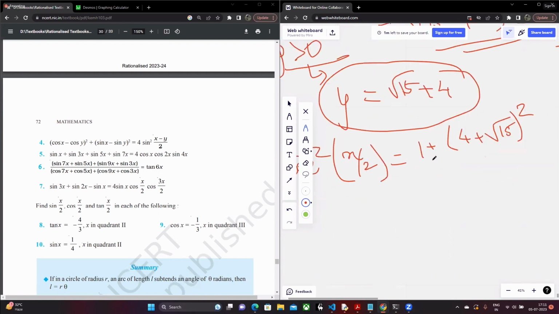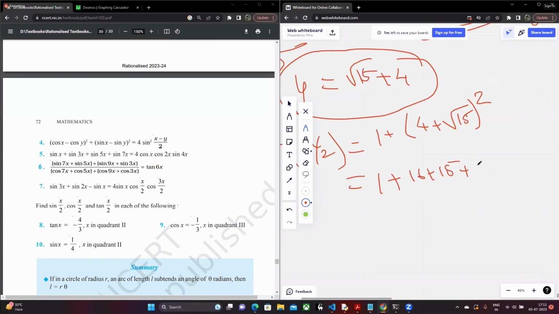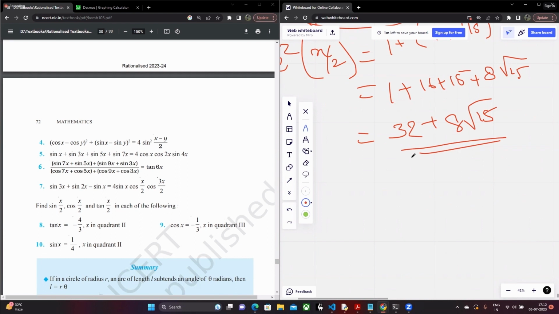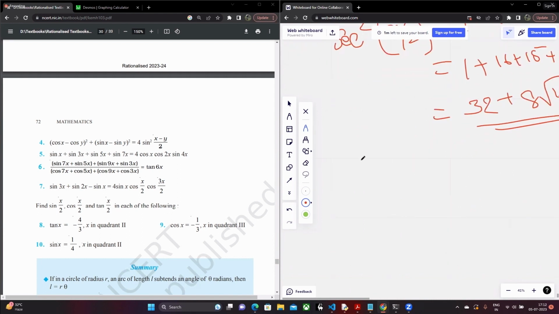So this is going to be 1 plus 16 plus 15 plus 2 into 4 into root 15, that is 8 root 15. That is going to be 16 plus 15 is 31, plus 1 is 32, plus 8 root 15.